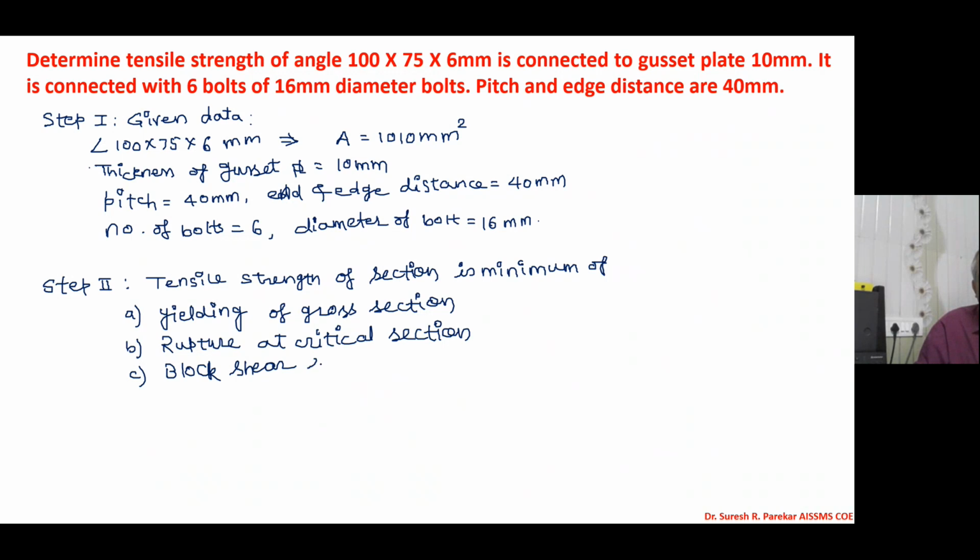The minimum of these three will be equal to Td, the design tensile strength. Now we will start with part A, that is yielding of cross section.